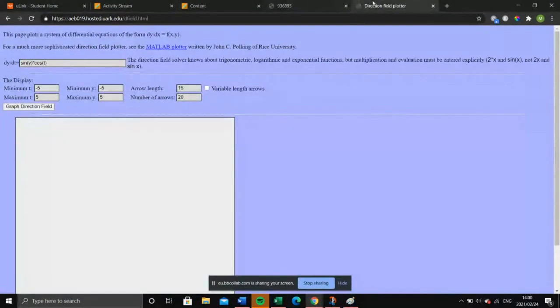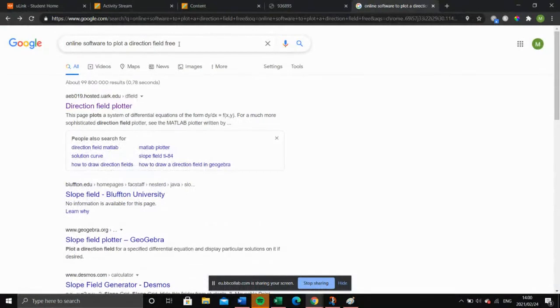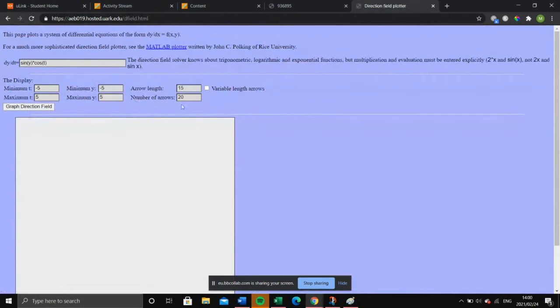What I've done here is I've Googled online software to plot a direction field for free, and this is the first link that comes up, and the page looks something like this. You can put in your differential equation. The first equation was x^2 - y^2, and then you can tell it what you want it to plot.